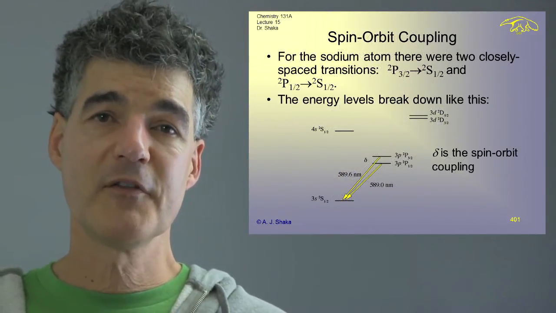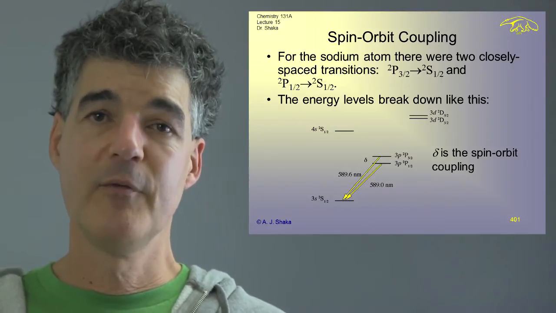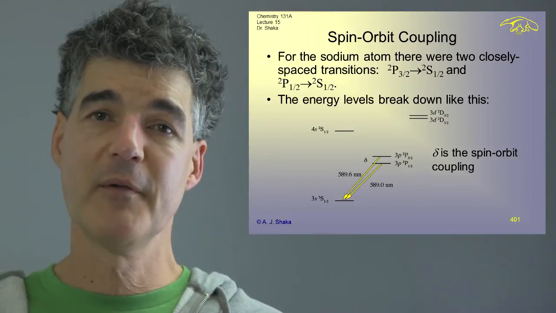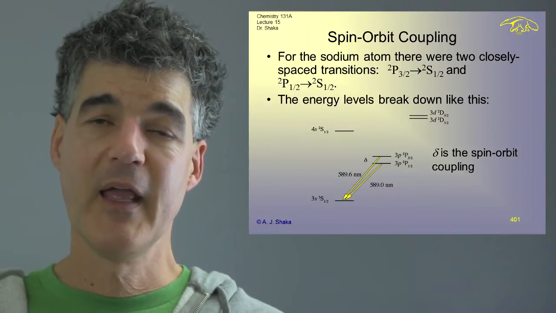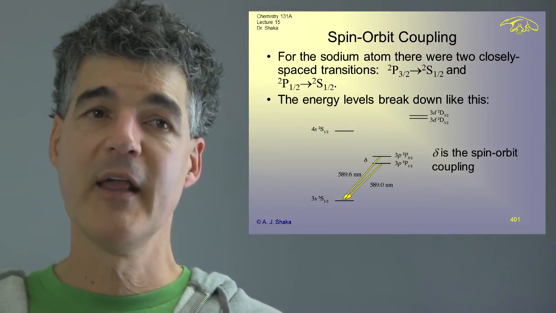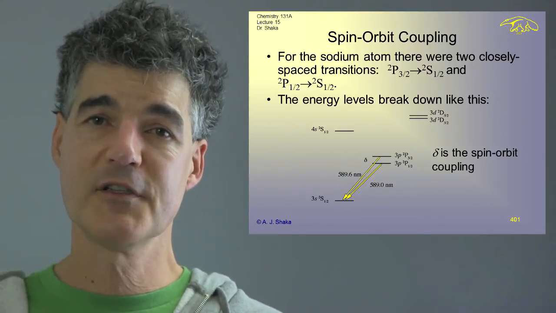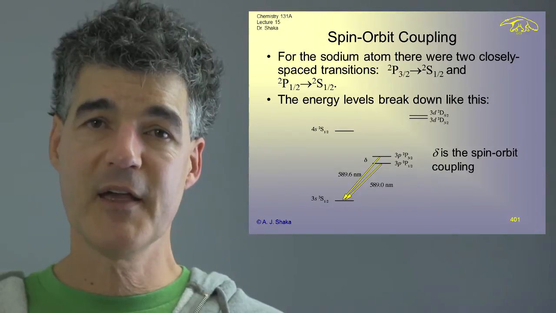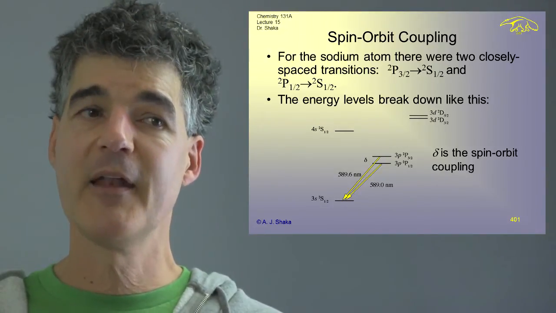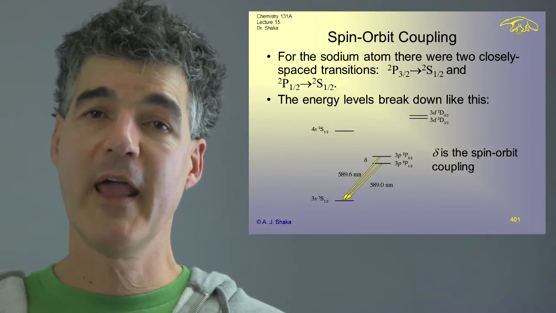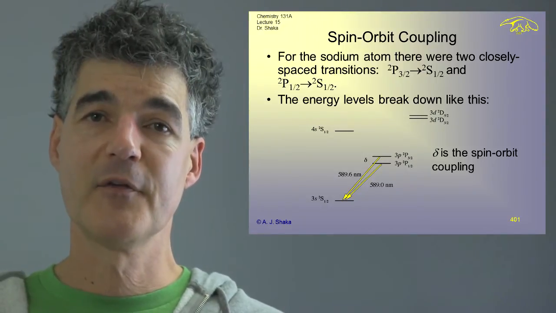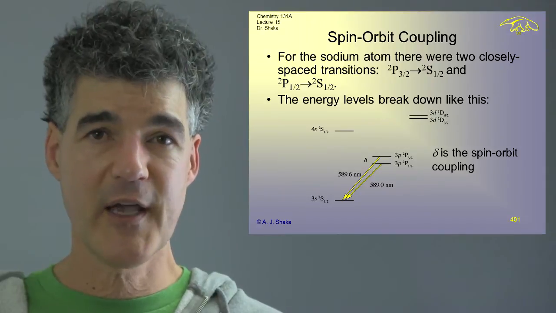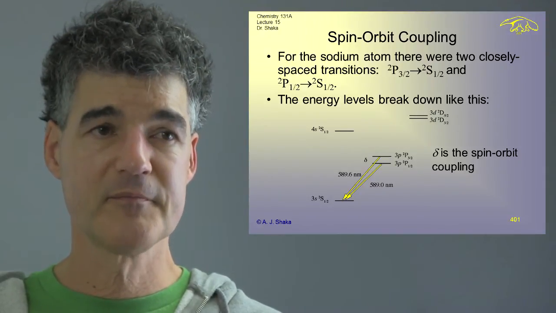Now let's talk about spin-orbit coupling. We saw that we had these 2 lines for the sodium spectrum, and they were closely separated, and the 2 transitions were doublet P 3/2 goes to doublet S 1/2, and doublet P 1/2 goes to doublet S 1/2. Recall that delta J can be 0 as long as J is not equal to 0.